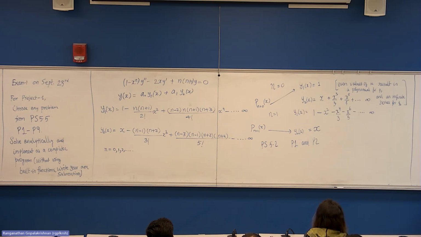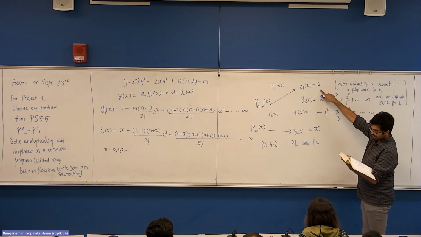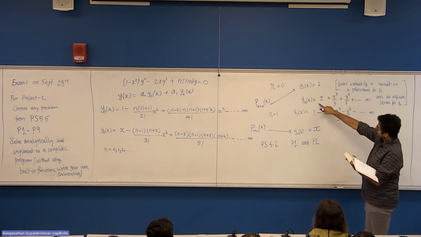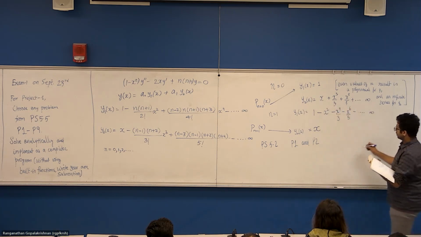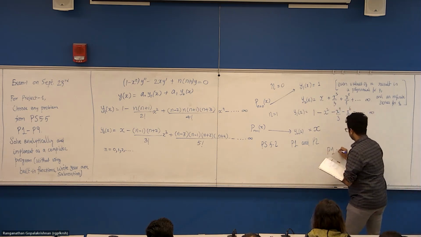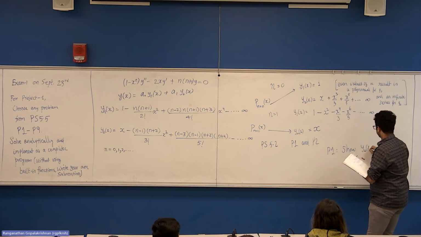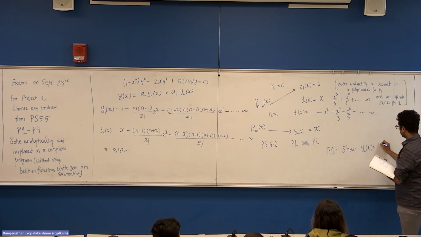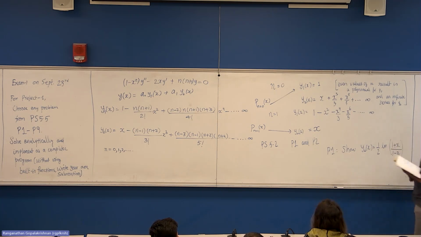Problem 1 reads, if n equals 0, P0 of x is 1. We already got that. And we are asked to show y2 of x is equal to half logarithm of 1 plus x over 1 minus x.